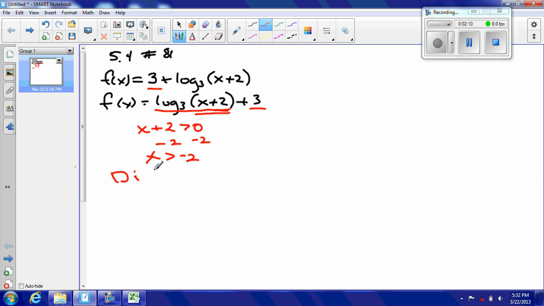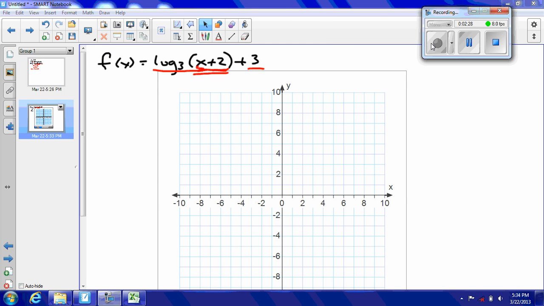I'll try and get better as I go along. My domain of this function is negative 2 to infinity. Notice I have a parenthesis, not a bracket, because negative 2 is not included. If x were equal to negative 2, then I would have 0 as an argument of my logarithm, and I can't have that. My next step is they're asking me to graph this function.